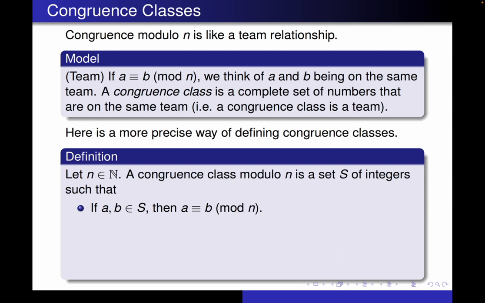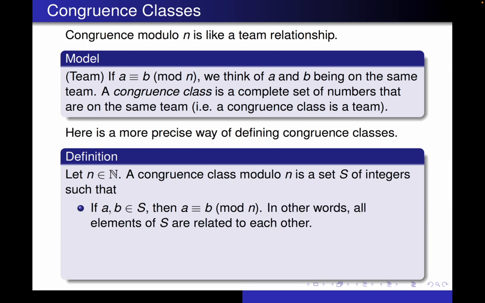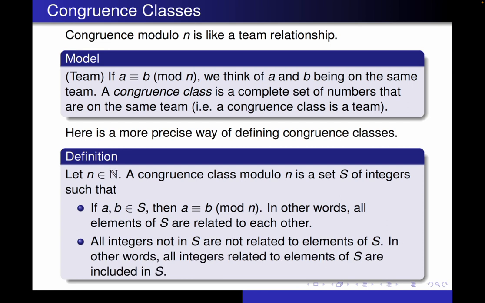In other words, all the elements of S are related to each other by that relation. All integers not in S are not related to any elements of S. And what that means is that all the integers that are related to elements of S are completely included in S. You have a complete team of elements that are related.